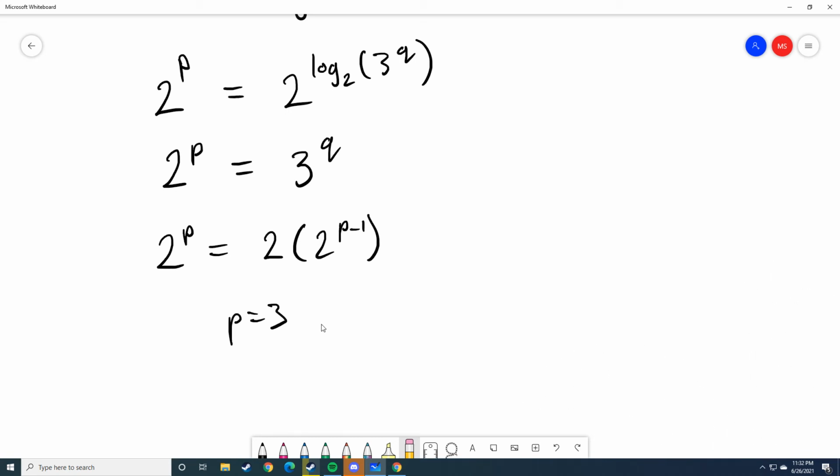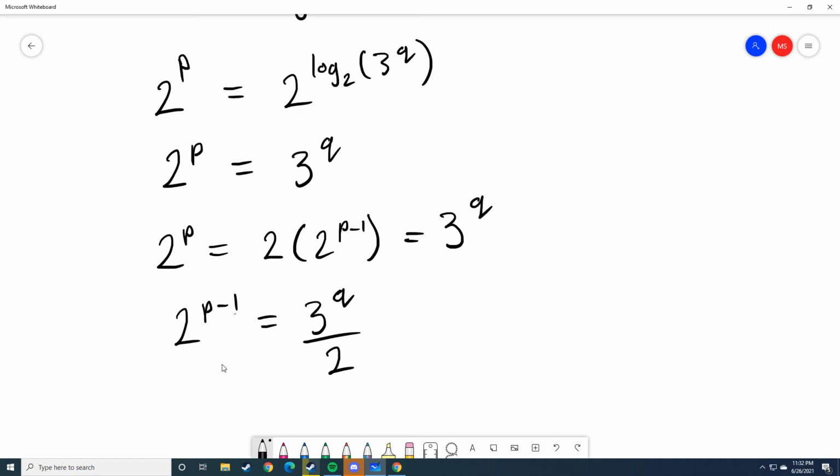So I said, all right, well, 2 to the p is really equal to 2 times 2 to the p minus 1. And because this is equal to this, we can say that it's also equal to 3 to the q by the statement above. Now I'm going to go ahead and divide both sides of this equation by 2. So I'm going to get 2 to the p minus 1 is equal to 3 to the q over 2.